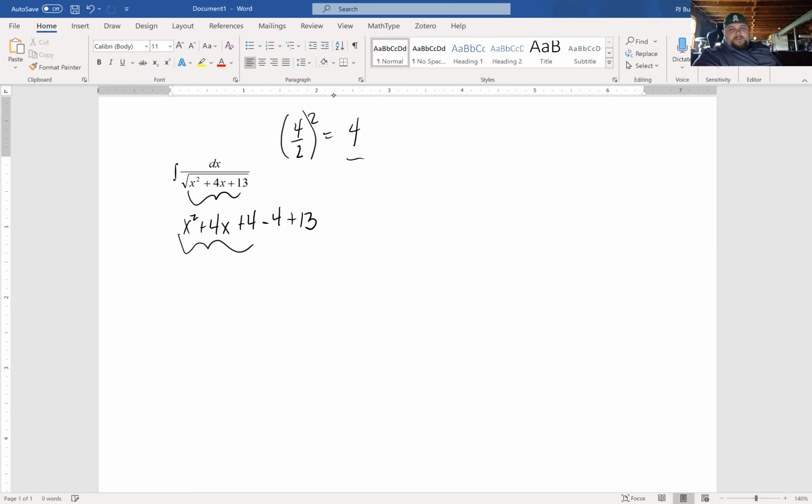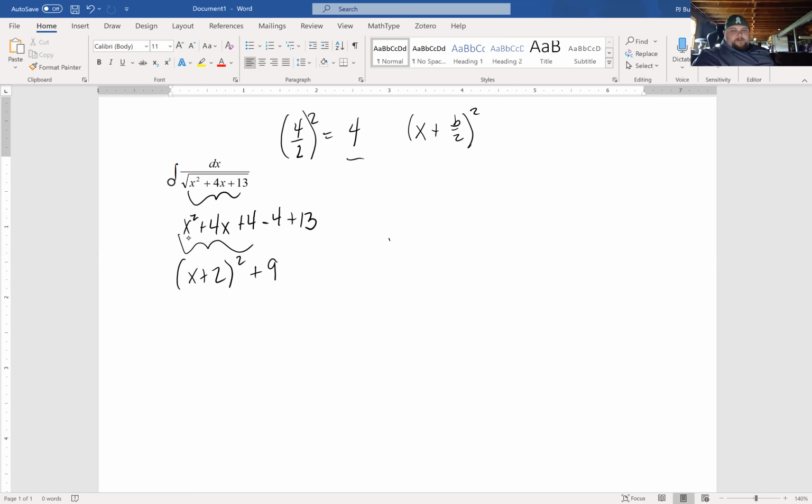Because we used completing the square, it's going to be x plus b over 2 squared. So that's going to be x plus 2 squared. You can always quickly check yourself to make sure that makes sense. That would return x squared plus 4x plus 4, so that looks good. And then negative 4 plus 13 plus 9, right?